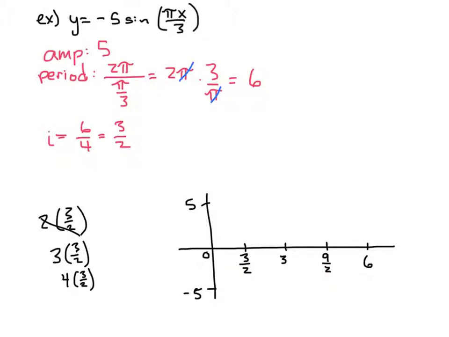Now, what's the direction of the oscillation? Down, and that came from that -5. So start here at 0, and then I'm going to go down to -5 for my first step, and complete the wave. Now, I want you to be careful to not start your wave like that, right?